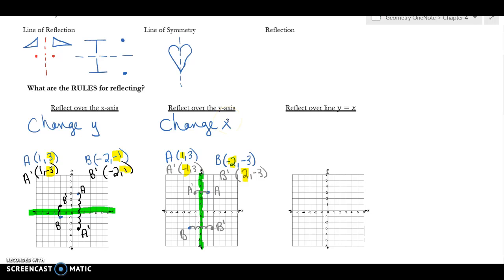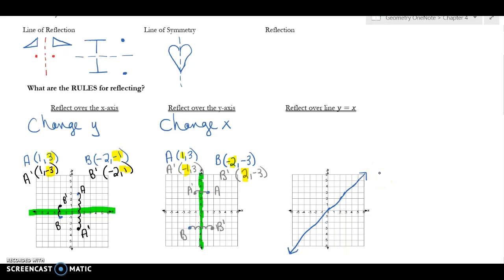Okay, all right, so reflection over the line y equals x. I'm going to have to draw it first with a color, and then I will go back and highlight it. Y equals x passes through the origin, and it has this line. It's up 1 over 1 when m is 1.